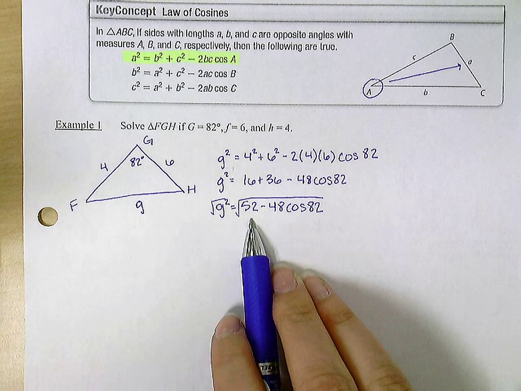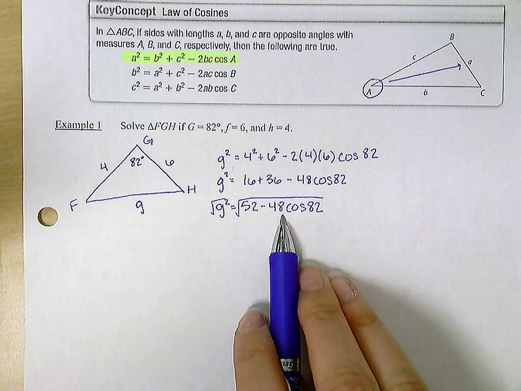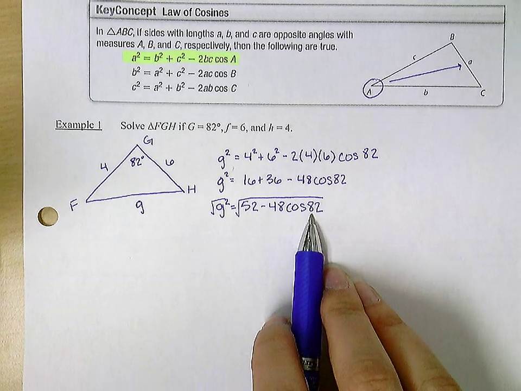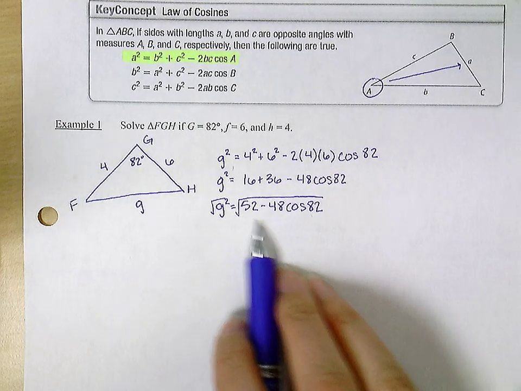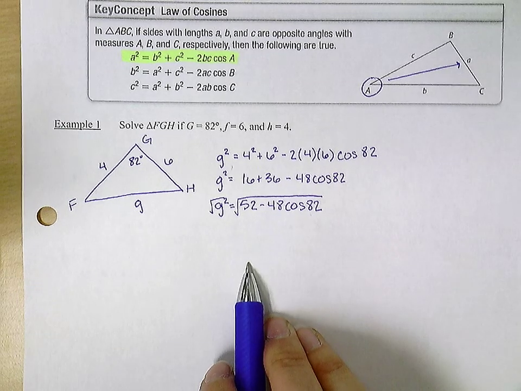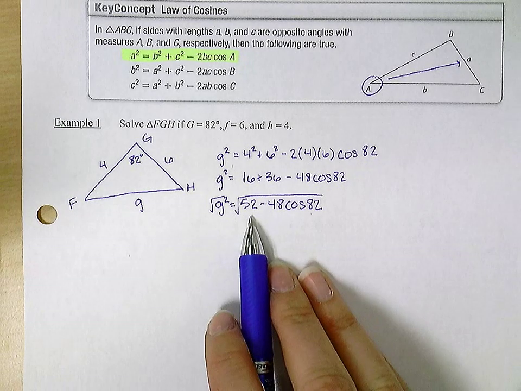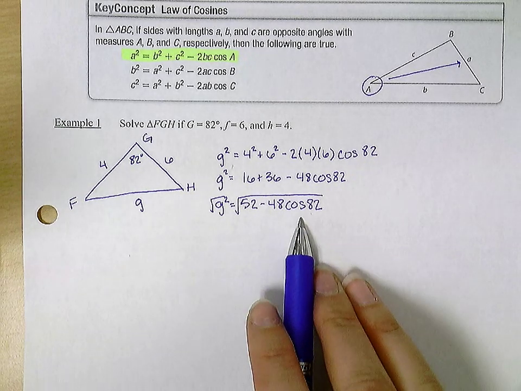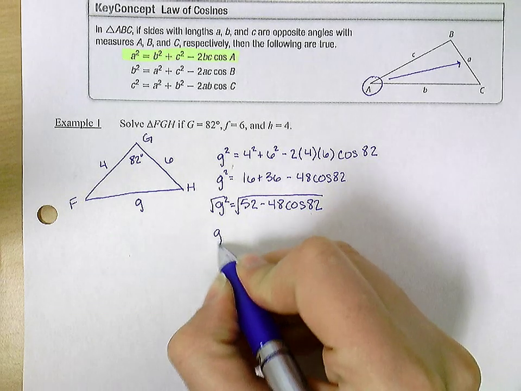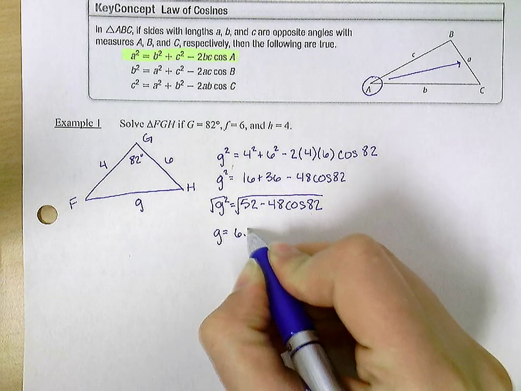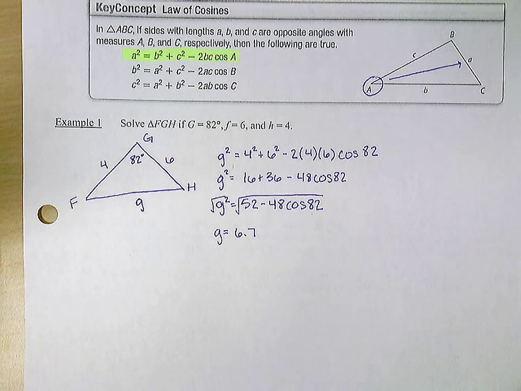That's square root of 52 minus 48 cosine of 82. Okay, so plug that into your calculator. Make sure you can get the correct answer. Okay, so square root of 52 minus 48 cosine of 82. And you should get g is equal to 6.7.